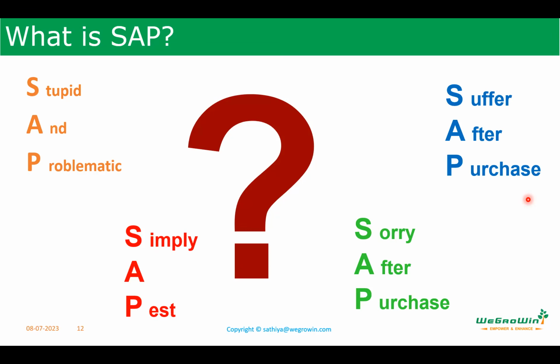If you have seen LinkedIn or some other social media, many organizations post SAP Go Live videos or SAP Go Live functions like that. They cut the cake and celebrate it. Ultimately, the celebration is for that one day only.